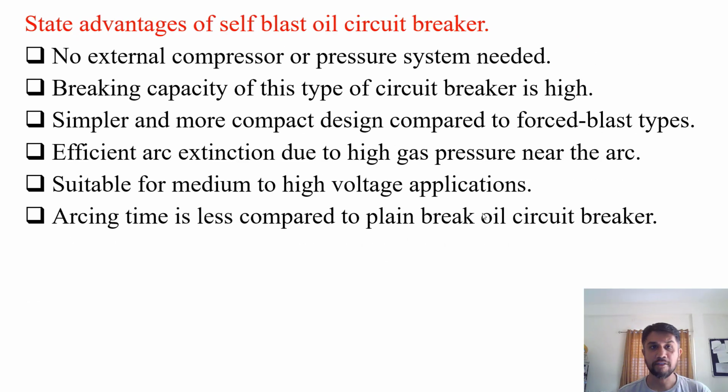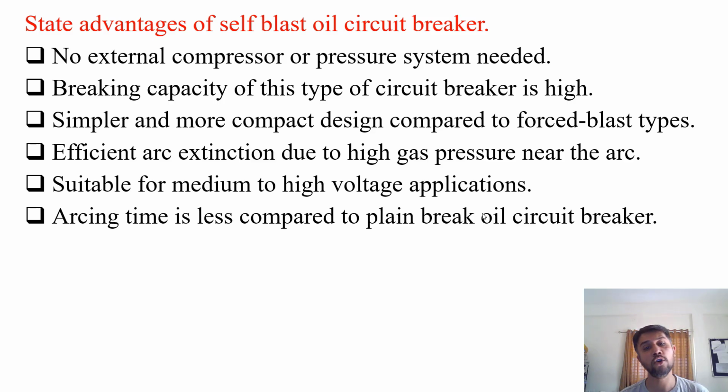State advantages of self-blast oil circuit breaker. There are several advantages of this type of breaker. First, no external compressor or pressure system is needed because the arc is quenched by the energy produced by the arc itself and a pressure chamber is available within the breaker itself. Breaking capacity of this type of circuit breaker is very high or moderately high.